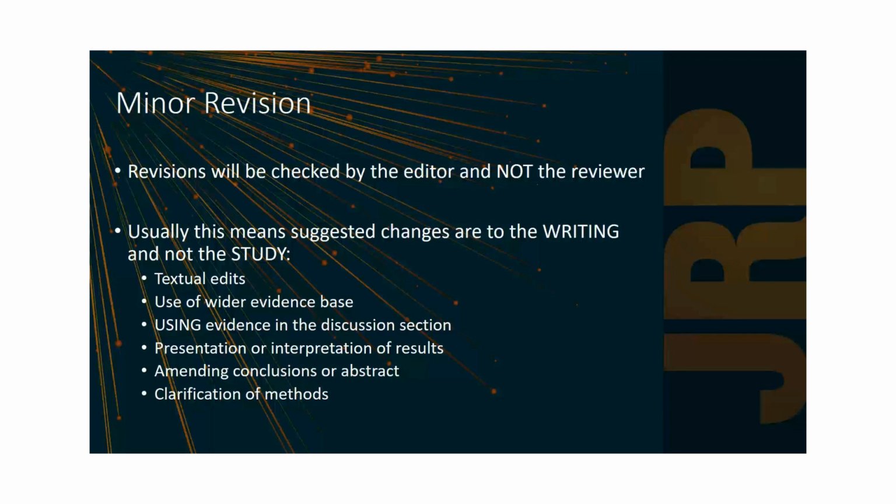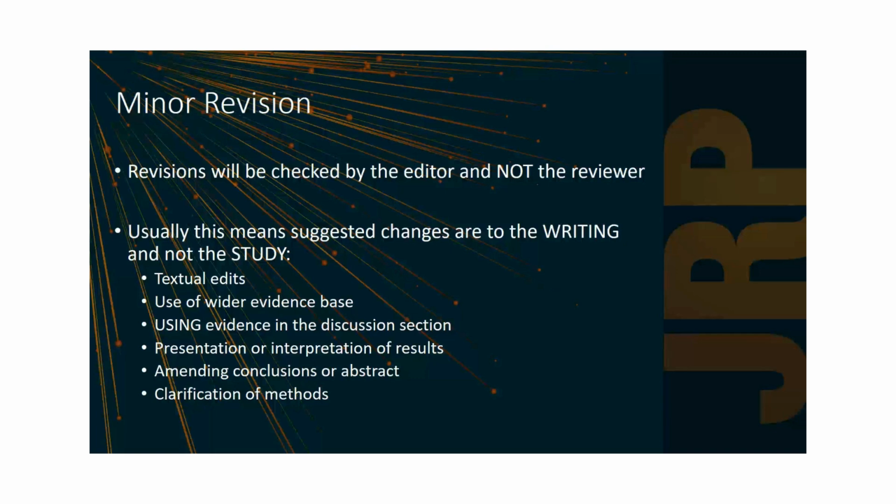So this normally means that the revisions suggested relate to how the writing has been performed and how the study has been presented, and not the actual underlying study itself. So commonly this will be things where we need clarification. The text needs to be edited a bit. The authors need to provide some more sources of evidence to support what they're saying.